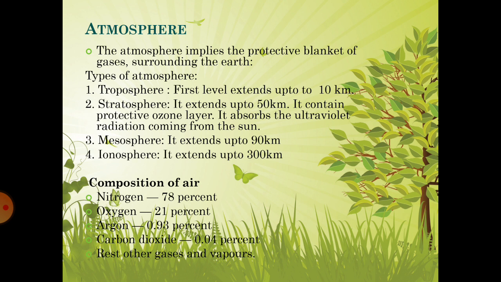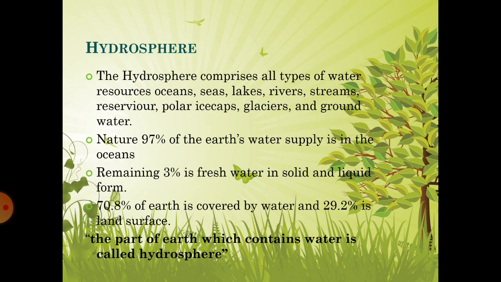It contains the protective ozone layer and absorbs the ultraviolet radiation coming from the sun. Next, mesosphere extends up to 90 kilometers, and ionosphere extends up to 300 kilometers. Composition of air in atmosphere: nitrogen is 78%, oxygen is 21%, argon is 0.93%, carbon dioxide is 0.03%, and the rest are gases and vapor.